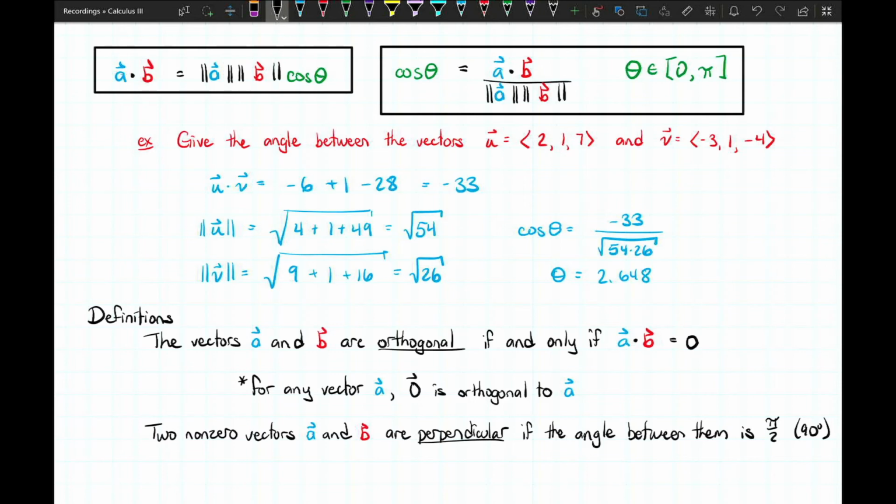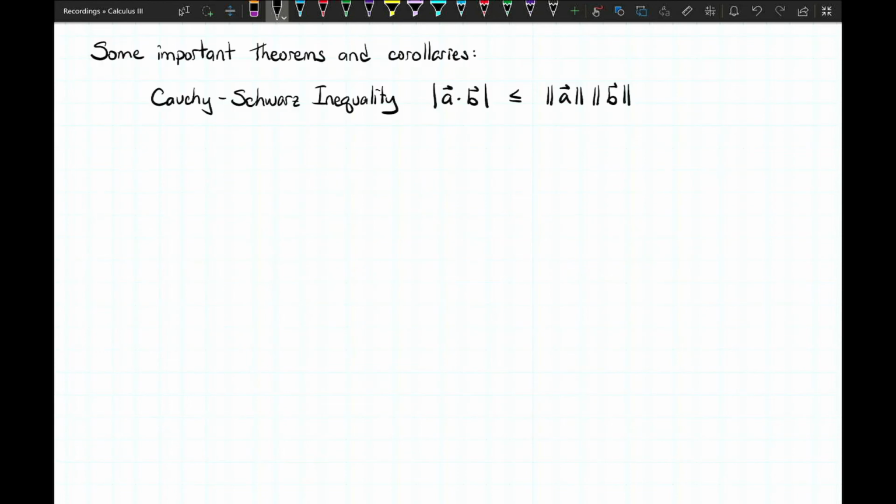There's a couple other results that come from this form of the dot product as well. A couple important theorems that we're going to be seeing again later on. The first of these theorems is the Cauchy-Schwarz inequality. And that is that the absolute value of a dot b, that's not a typo, remember a dot b is a scalar, so we can only really take the absolute value of that.